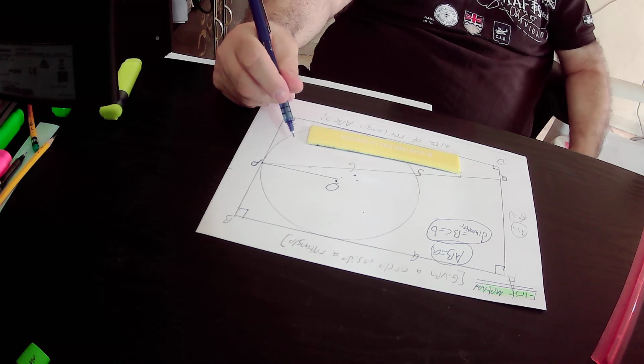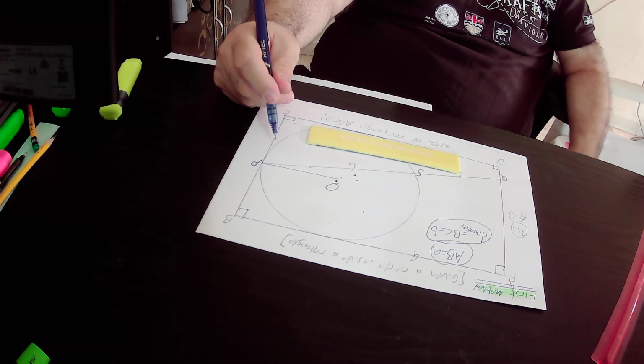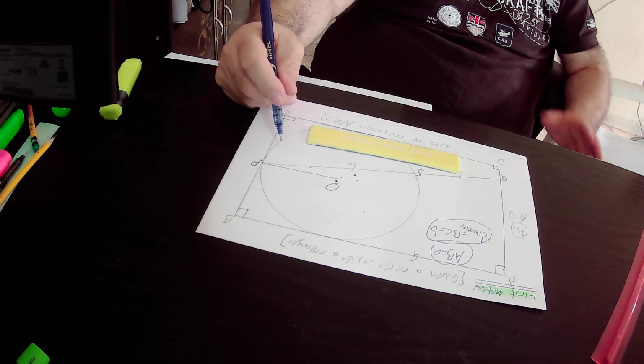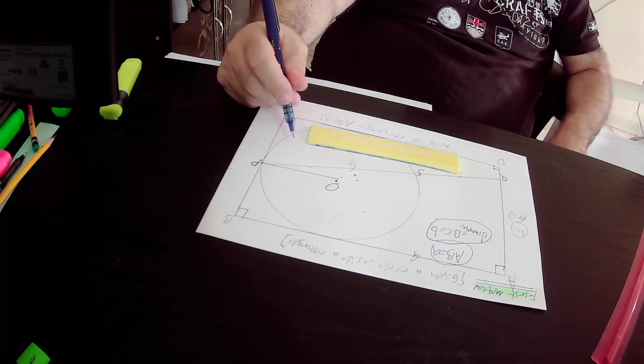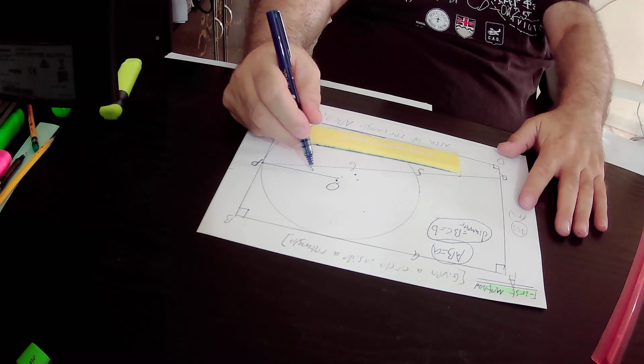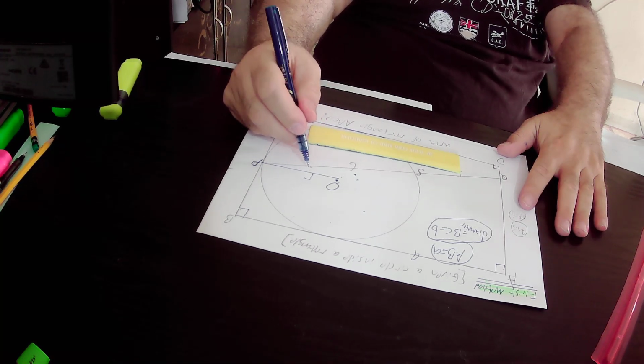Point O is the center of the circle, point P is a point on the circle itself. This is exactly the definition of a radius. That is to say, OP is the radius of the circle that we define as R.